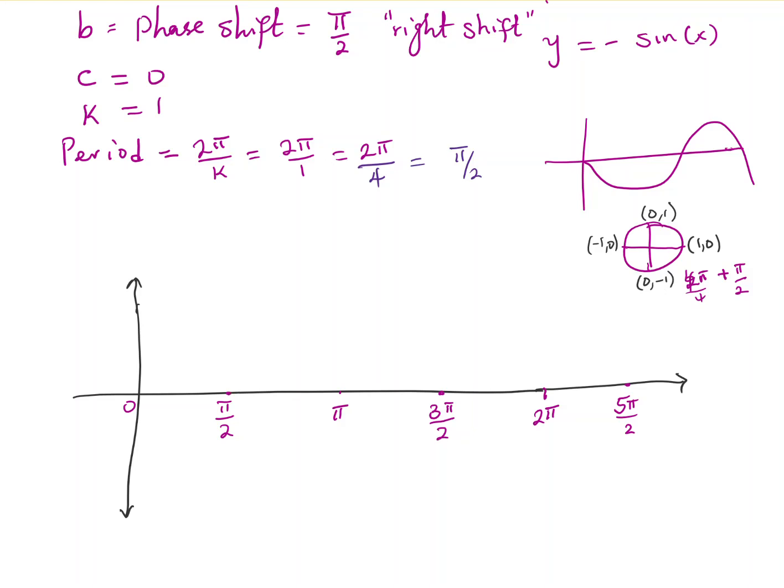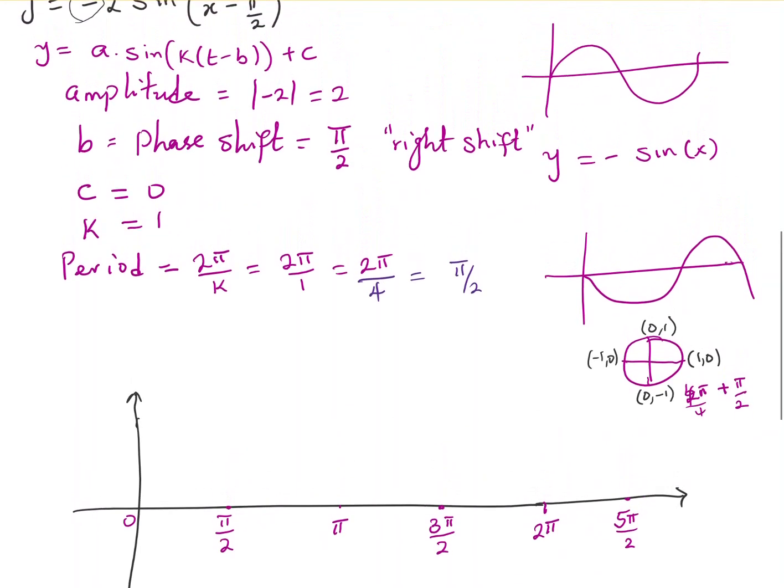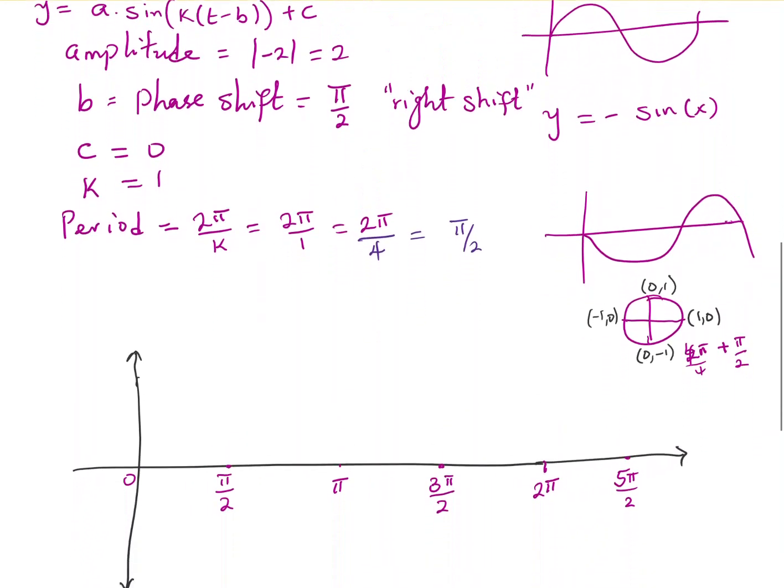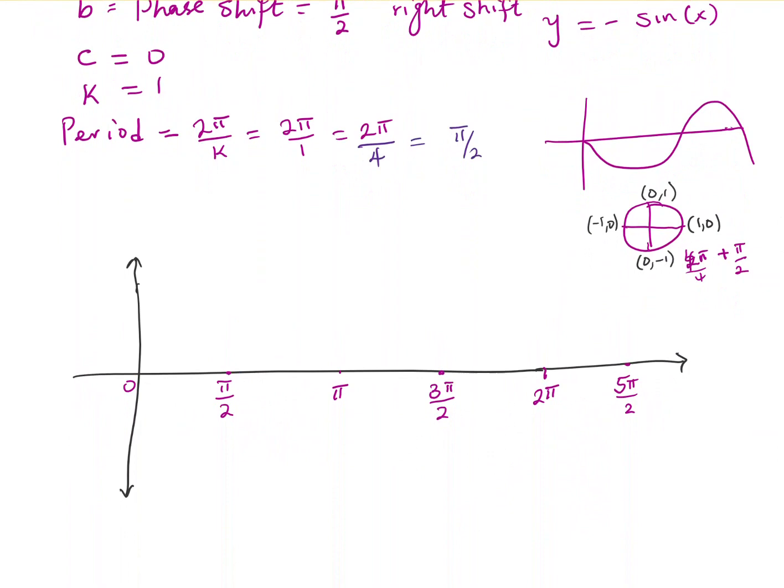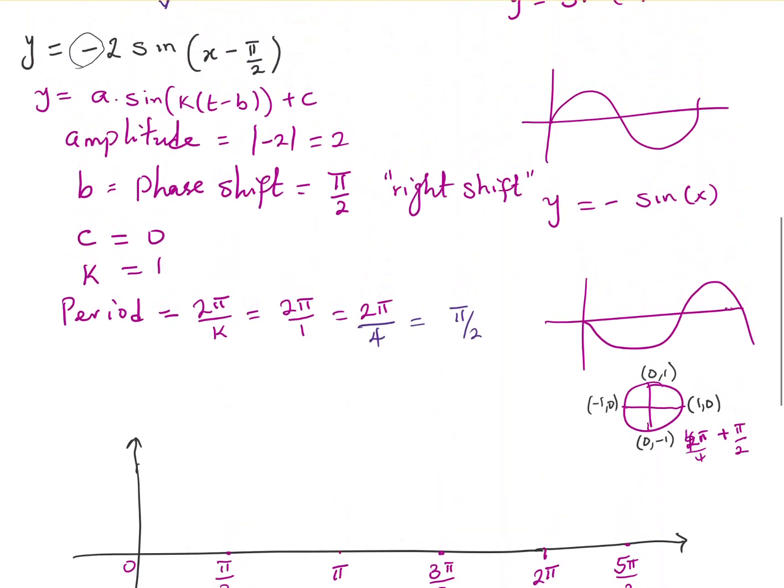So how does that affect this graph? We are starting from here and we will flip that. So that means we need to maybe go this way, right? This is a sine graph, so we'll be considering the y values. And our amplitude, do not forget, is 2.